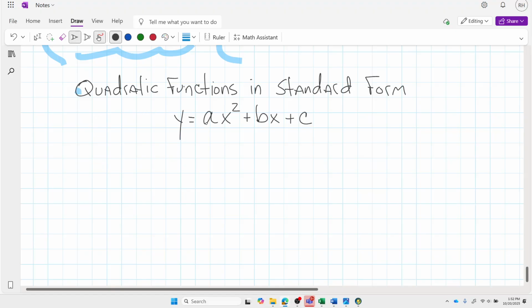And this a, this leading coefficient, has the same properties as the a did in vertex form. All right, so this graph is a parabola.